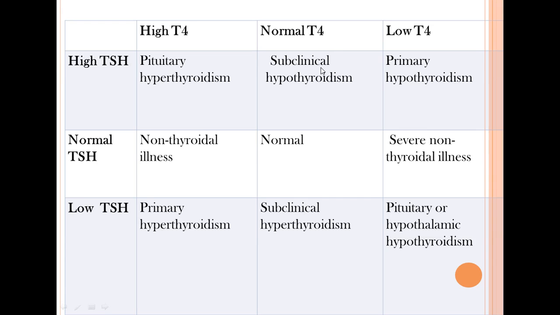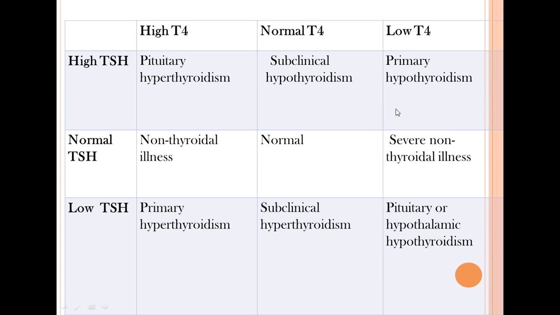In the second case, if the TSH is high but the T4 is normal, this condition is interpreted as subclinical hypothyroidism, or what is called compensated hypothyroidism. In this condition, the TSH will try to increase to stimulate the gland to produce more thyroid hormone to maintain the level within the normal range.